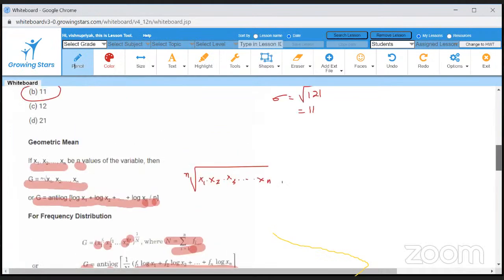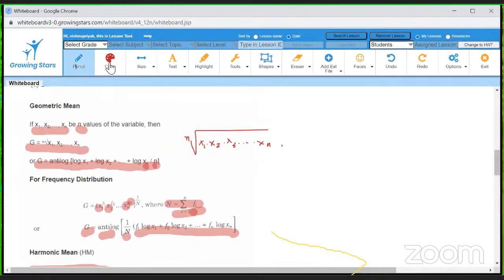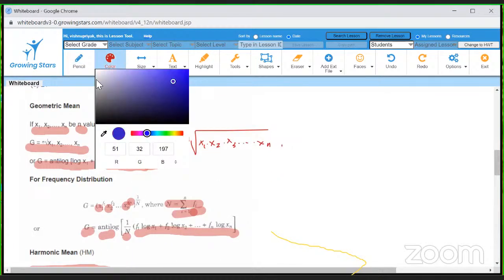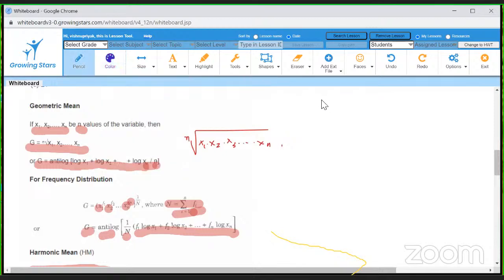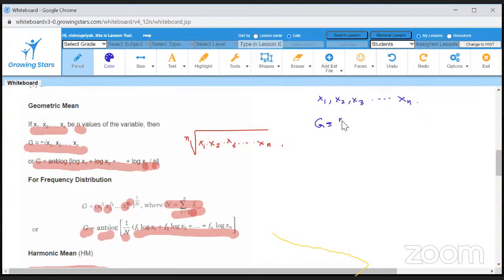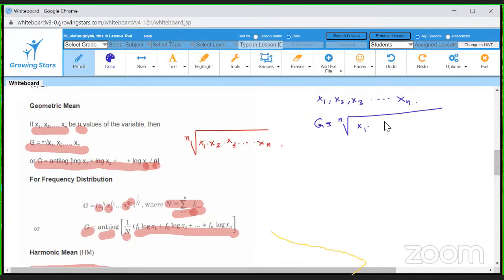Now, because Samarth has asked again, let me explain this. Suppose you have only a list of observations. Then you get the geometric mean by taking the nth root of x1 into x2 into x3, multiplying all the observations.